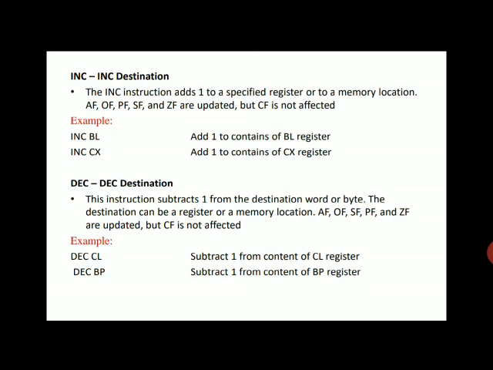Here CL is an 8-bit register. So the operation that takes place is subtract 1 from the content of CL register. And likewise, see the example for INC. INC CX means it adds 1 to the CX register.